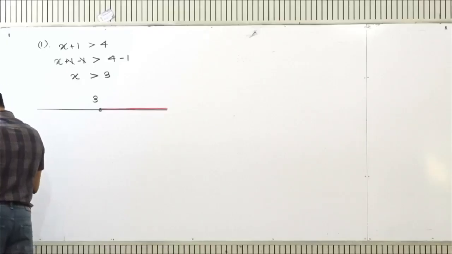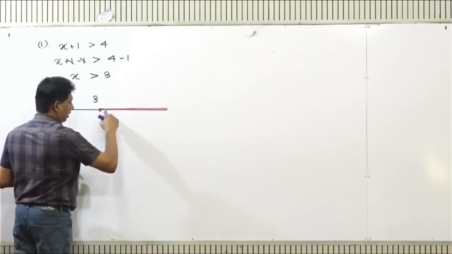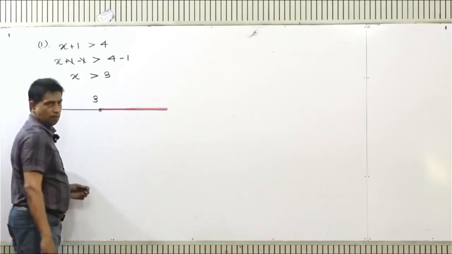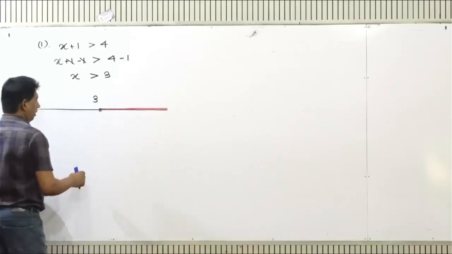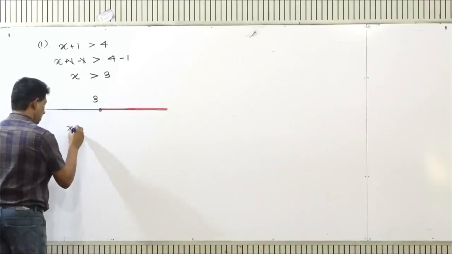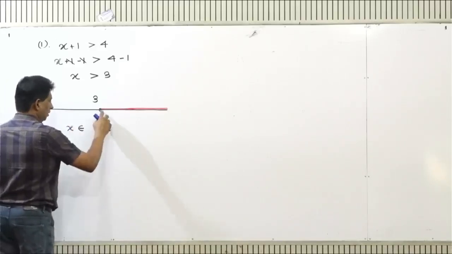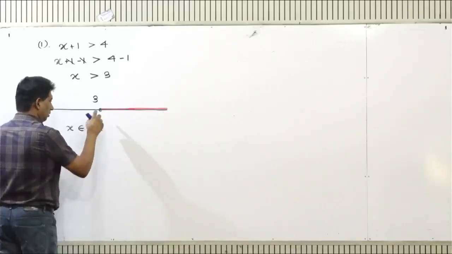From 3 to positive infinity, there are infinite real numbers, right? So we can write this area by using interval notation. How can we write this? x is an element of the interval.